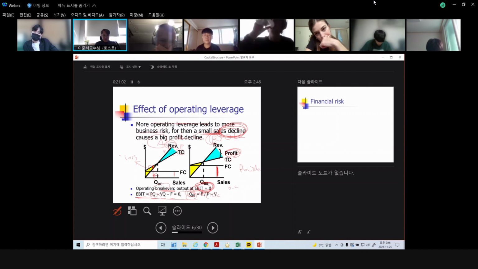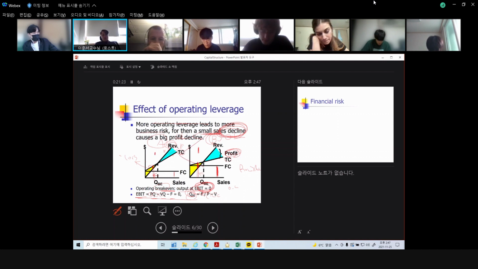Whereas in graph B, if the quantity decreases the same as in A, then the amount of loss is this amount. In A, this amount.